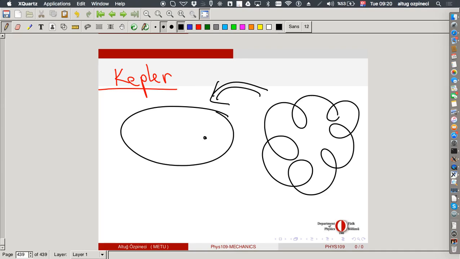We have 2 points, we call them focus points, and for a point, the sum of the lengths to the 2 points is always equal. True. I mean, basically, if you want to draw an ellipse, just take a string of some length, fix the 2 points, leave it a bit relaxed.